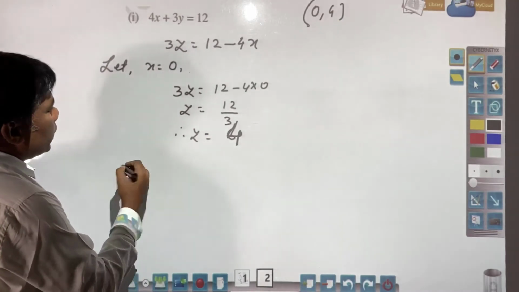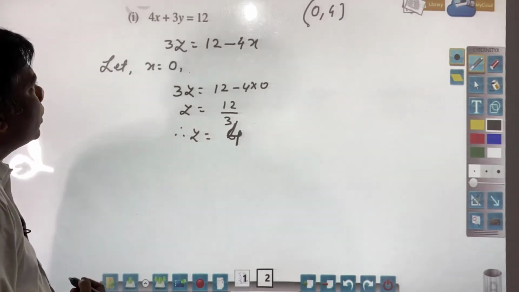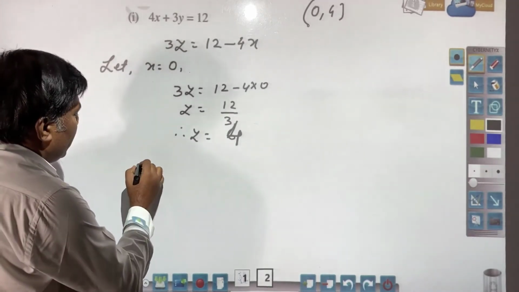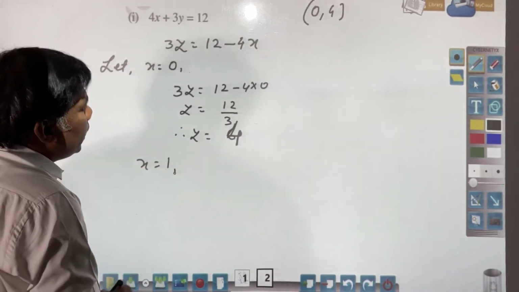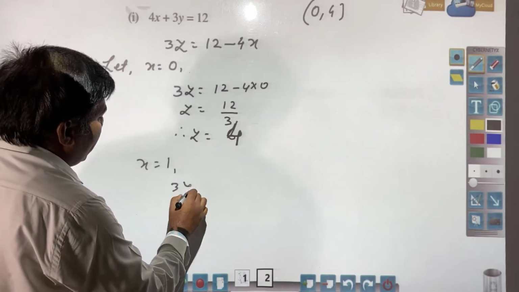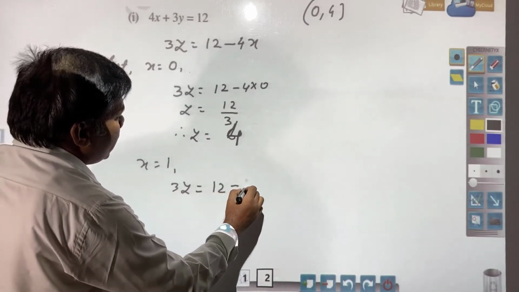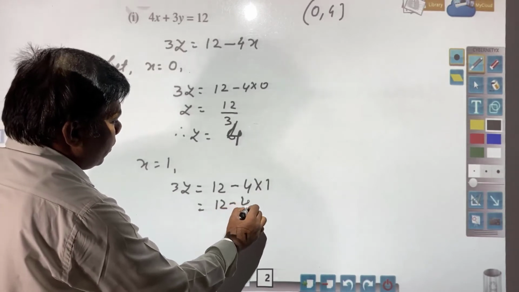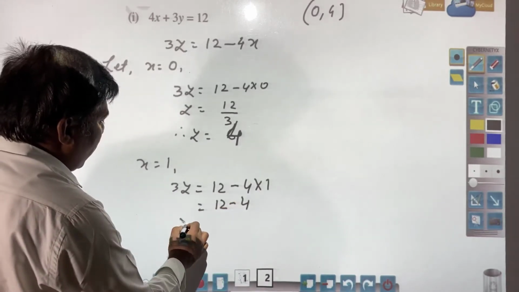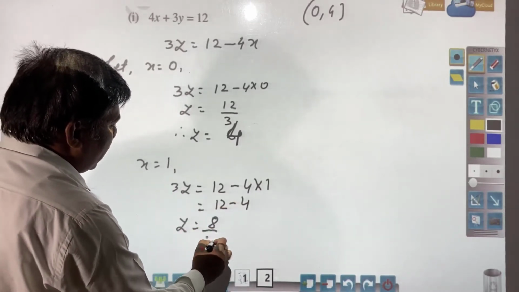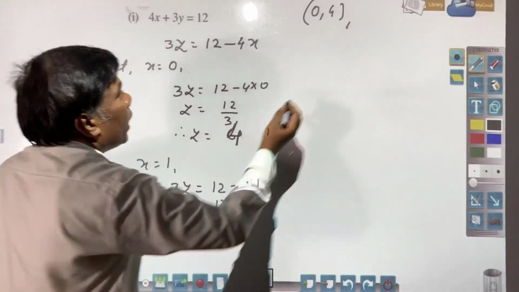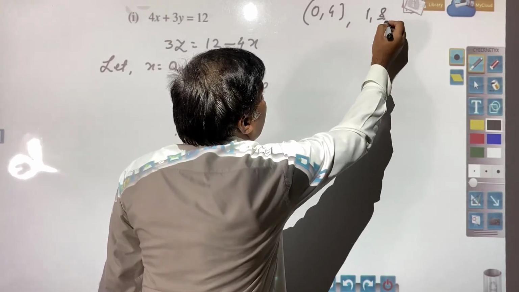The other solution, just assume any number. Suppose you are assuming x is equal to 1. In this case 3y will be equal to 12 minus 4 into 1. It means 12 minus 4 and y will be equal to 8 by 3. So here you have got 1 and 8 by 3.